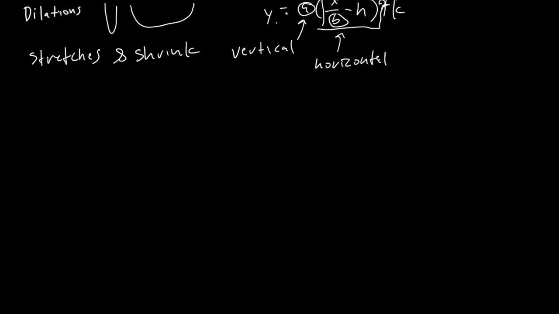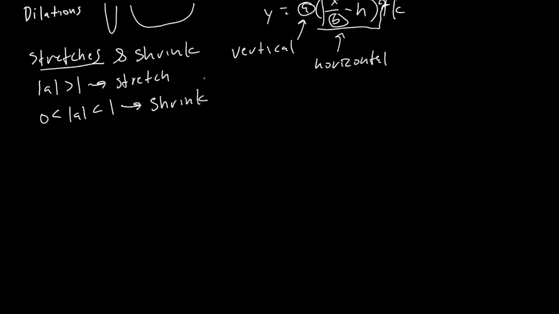And here you have a stretch when the absolute value of a is greater than 1. And you can think of this almost like an exponential function. If the absolute value of a is between 0 and 1, there's a shrink. So this is a vertical stretch, and then this is a vertical shrink.